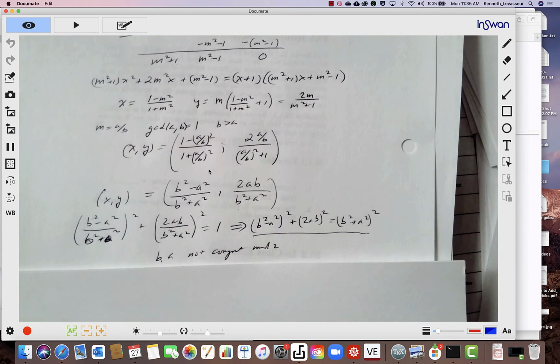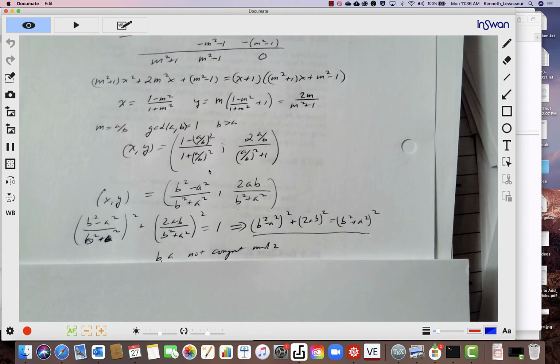If both of them are odd, or both of them are even, then the three numbers b squared minus a squared, 2ab, and b squared plus a squared would all be even. And we want ones that have no common factor. So that's a characterization. We can generate Pythagorean triples from that.